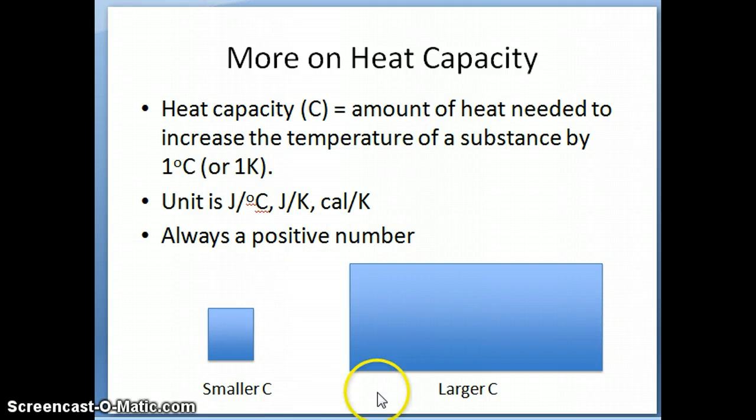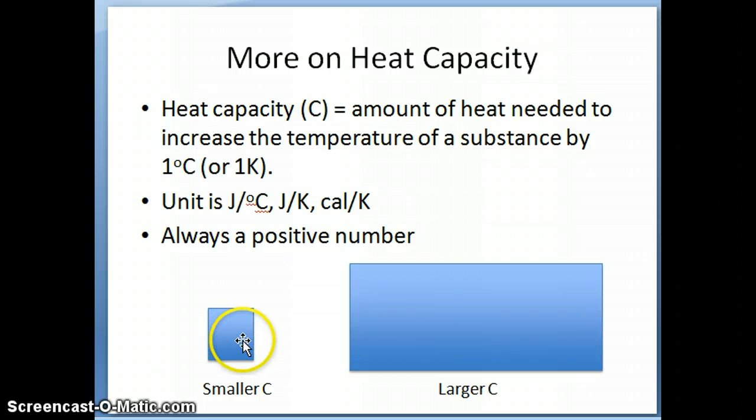Now, if you think about the heat capacity quantity itself, let's say I have two containers filled with water. This is all water in here. By definition, heat capacity is the amount of heat needed to increase the container of water by 1 degree Celsius.